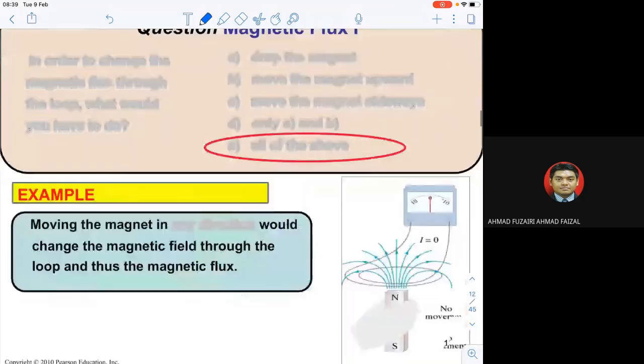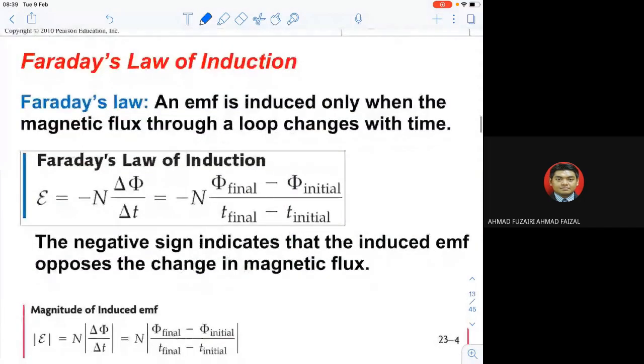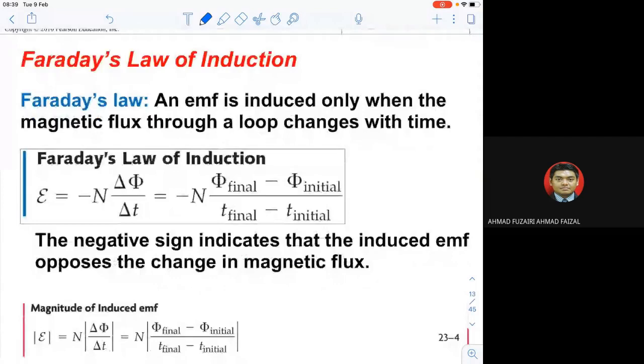So we will see afterwards how we can get Faraday's law of induction. Okay, so these are Faraday's laws of induction.